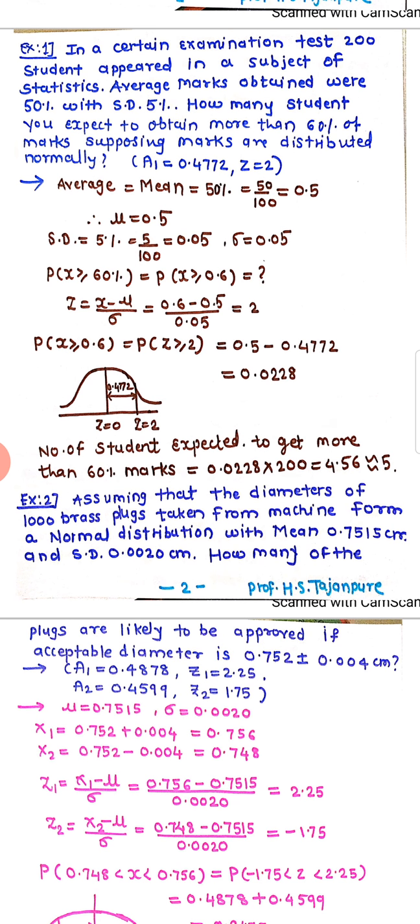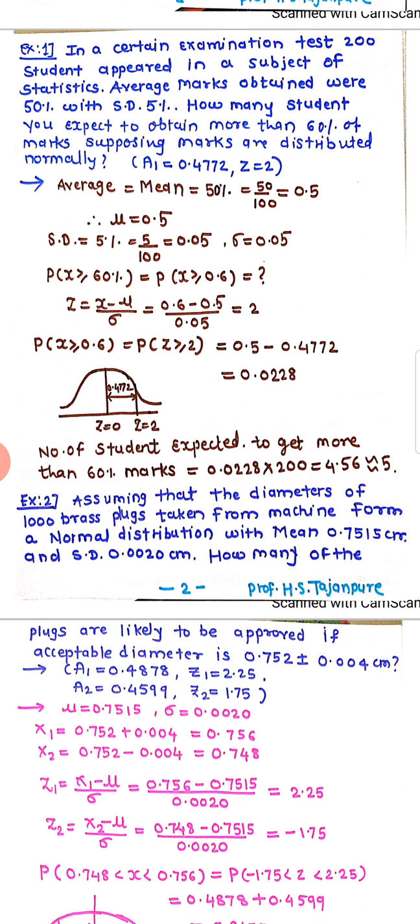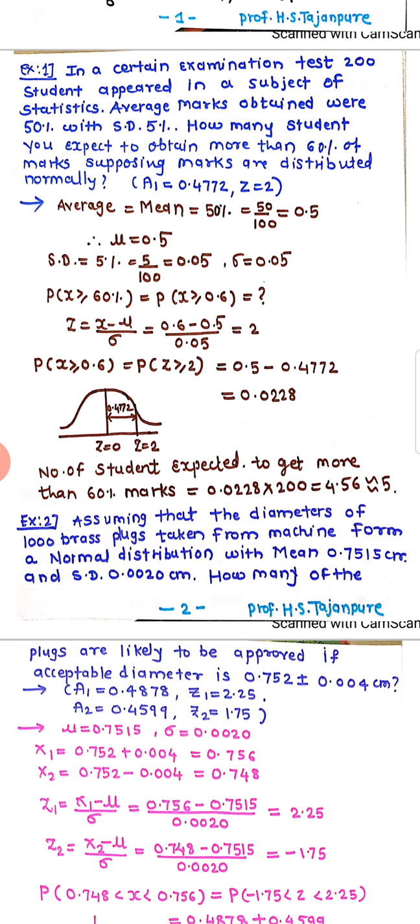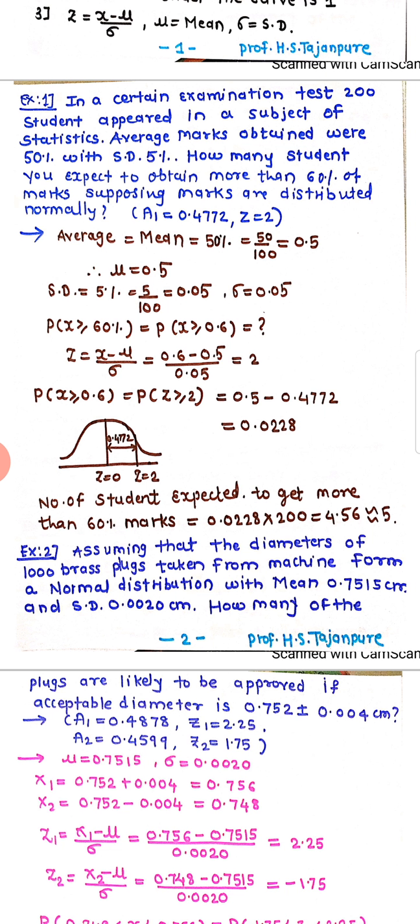Now we have to find the probability of x greater than or equal to 60%, that is, the probability of x greater than or equal to 0.6. For that, let us standardize it, that is, convert x in terms of z. z equals x minus mu upon sigma, which equals 0.6 minus 0.5 upon 0.05, and it equals 2.